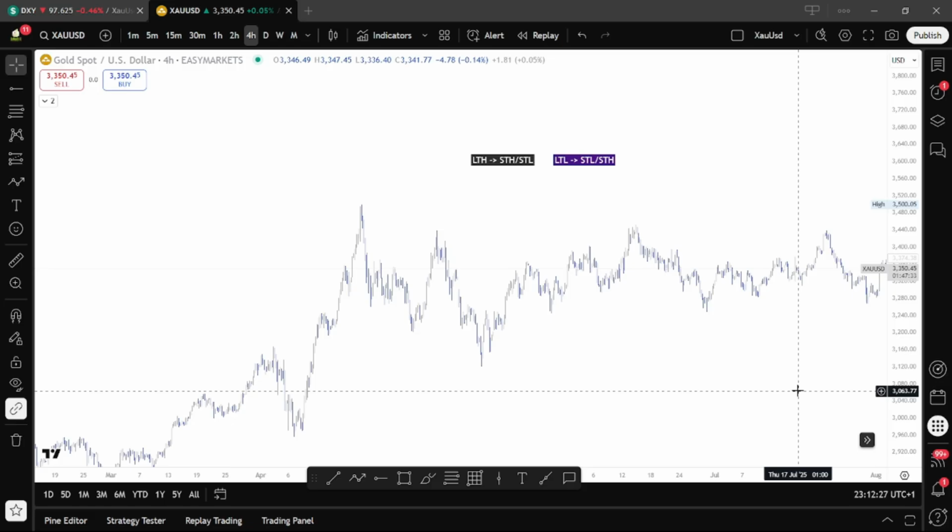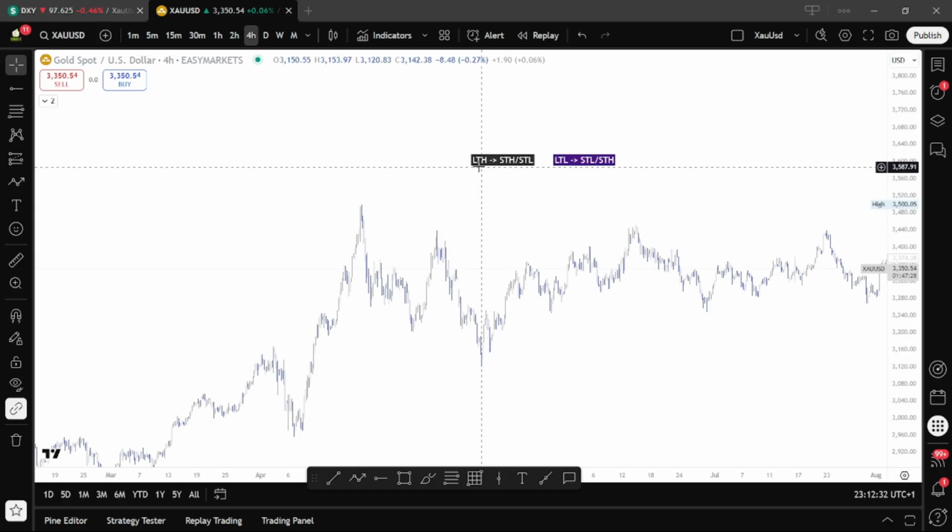Before I proceed, there are some terms I'd like to introduce you guys to. You see LTH, and next to it we see STH slash STL. The LTH here stands for long term high, and the LTL here on the right stands for long term low.